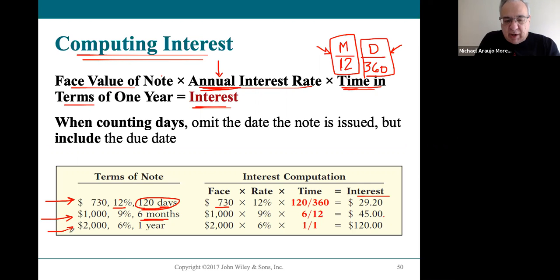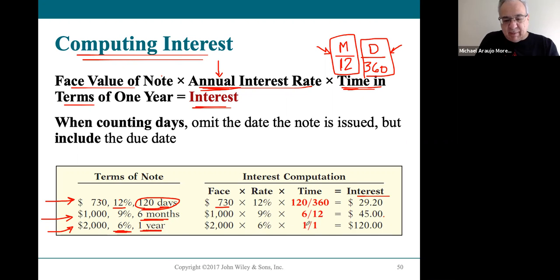And this last one is simple. The reason you don't have to do much here is this. Remember, the interest rate is already an annual rate. And so if it's already an annual rate and you only have it for 1 year, you can even skip this step. It's simply 2,000 times 6%. That's going to give you your interest for the year, because the interest rate is expressed in years, as an annual rate.